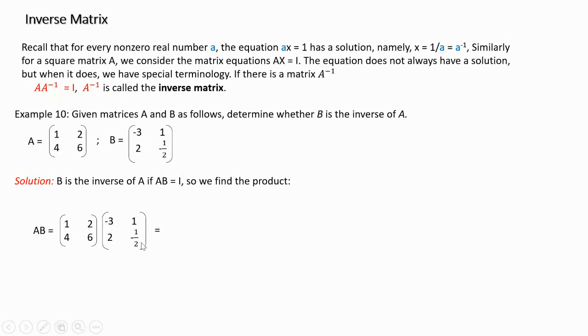Now here, I believe I didn't show the work, guys, but if you follow the same concept as before, when you multiply, it will give you the identity matrix. So the answer is that B is the inverse of A.